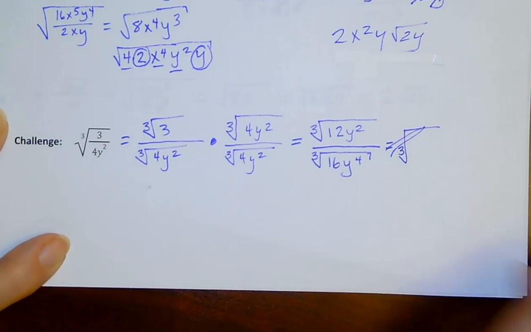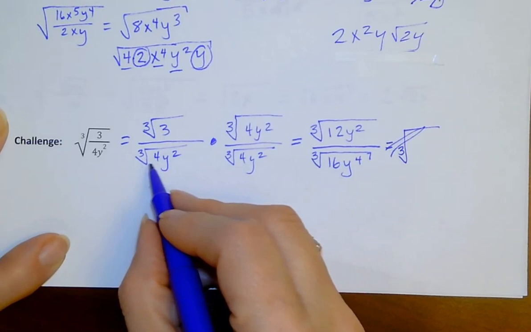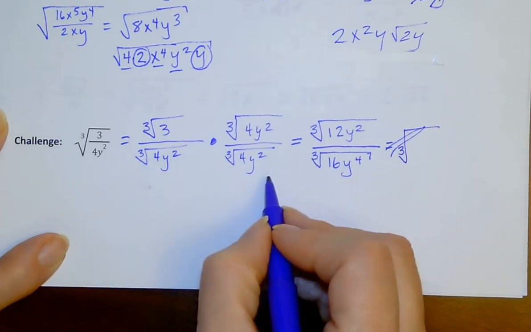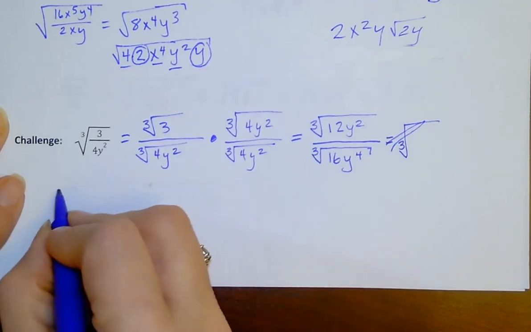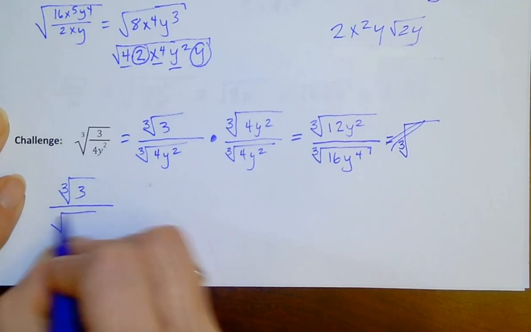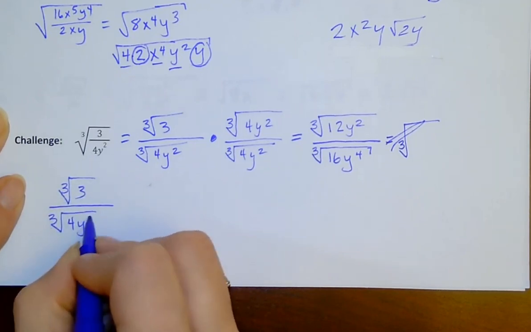Well, I think that since it's cube root, I need to multiply 3 times instead of just 2 times, right? So let's try again. I have the cube root of 3 over the cube root of 4y squared.